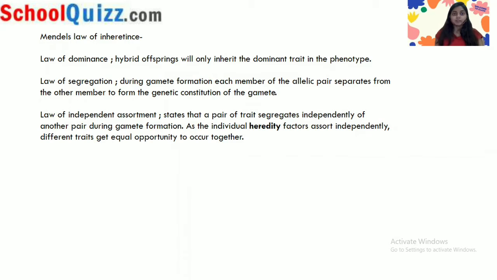So today we will discuss Mendel's law of inheritance. In our previous classes we have discussed Mendel's experiments, that is the monohybrid, in which we have seen the example of the tall and short plant.